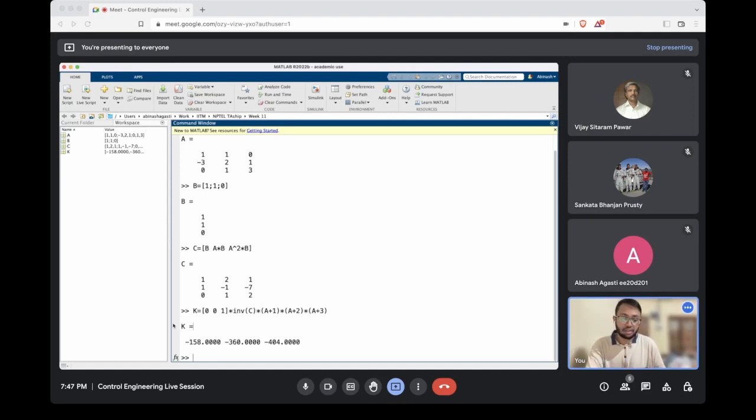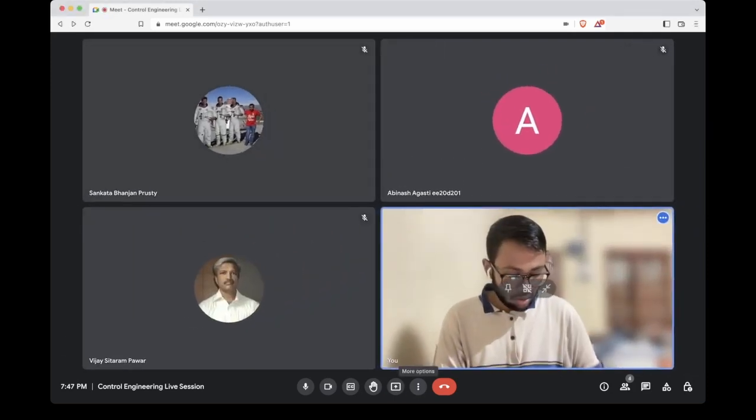Right. So is it clear what we did here? We wanted to find a state feedback controller using Ackermann's formula. So this is what we get. Okay. Then, just a moment, [0, 0, 1]. Yeah, cool. So I'll then share this.